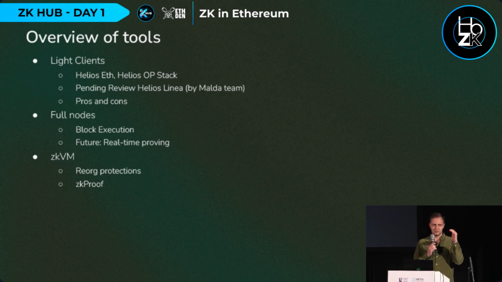But obviously there are a lot of drawbacks. A light client is not doing what a full node is doing, so you have softer finality guarantees there. When you include full nodes, the full nodes are doing the block execution. That's very important because at least you can be sure that the block is correct.